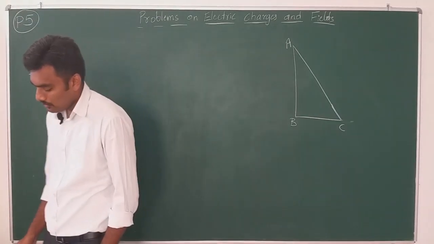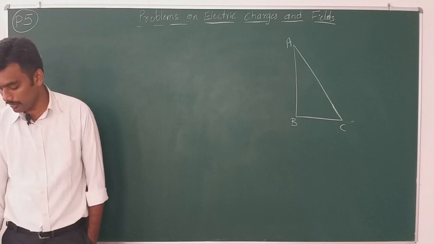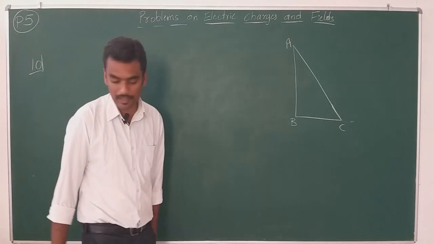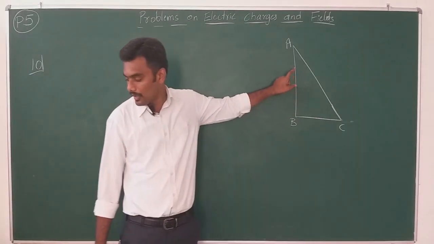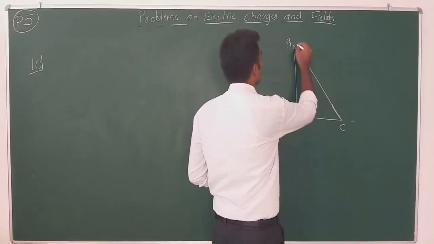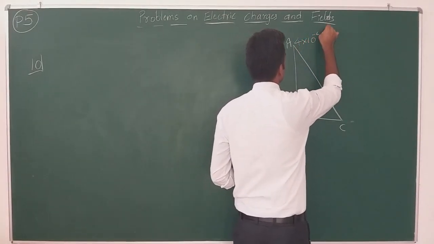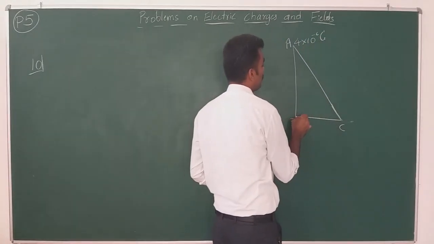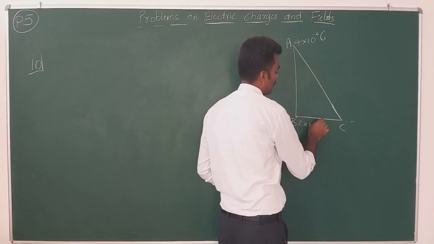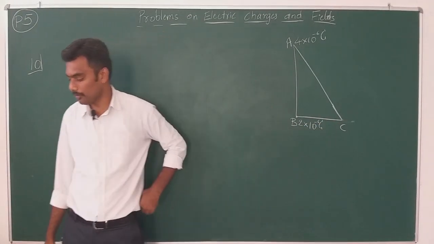At point A we have a charge 4 into 10 to the power of minus 6 coulomb, and at point B we have one more charge 2 into 10 to the power of minus 6 coulomb. Two charges at A and B.